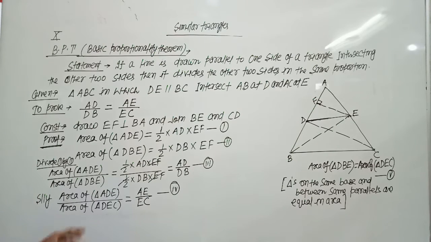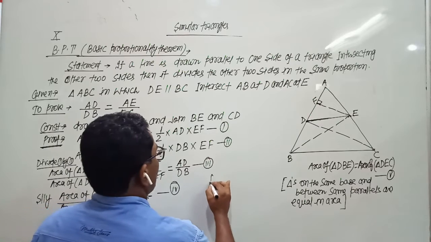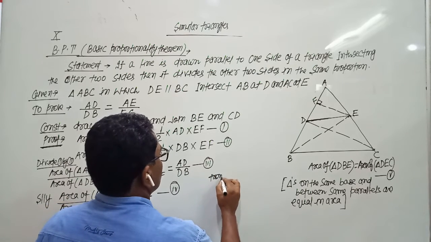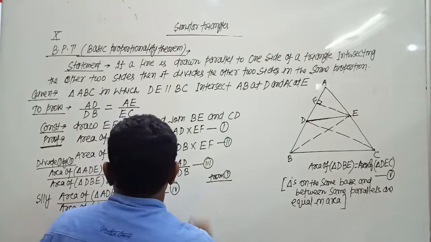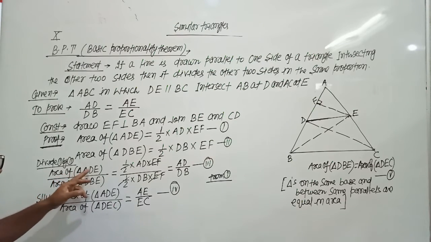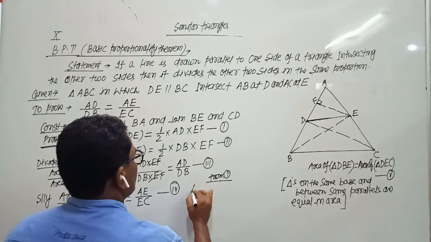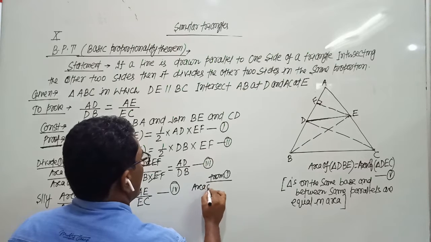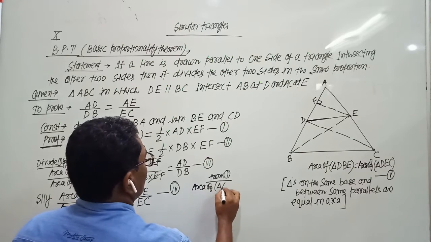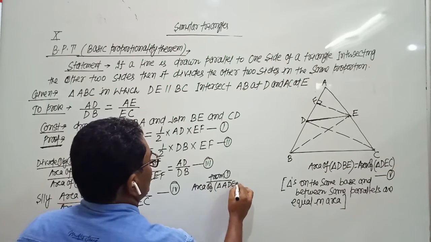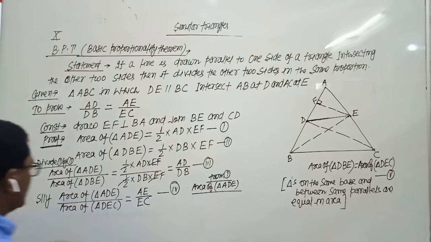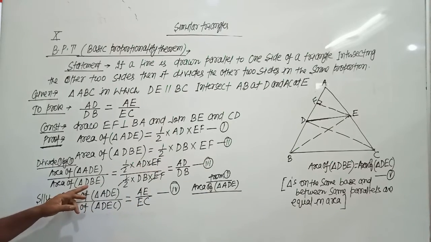Now from equation number first, there was area of triangle ADE upon area of triangle DBE.